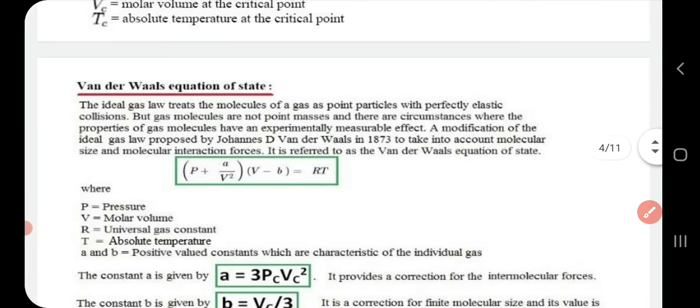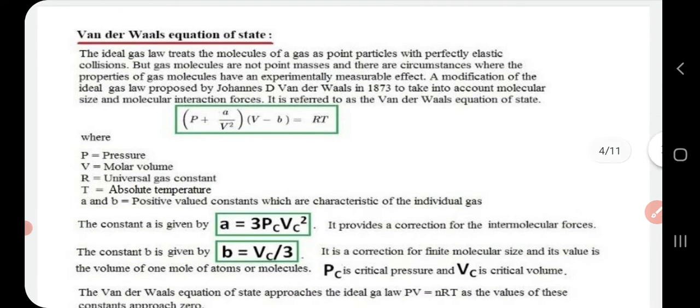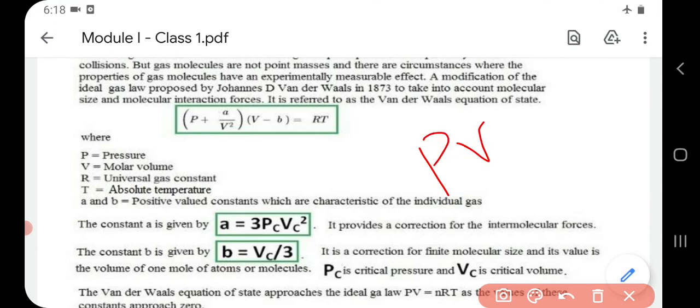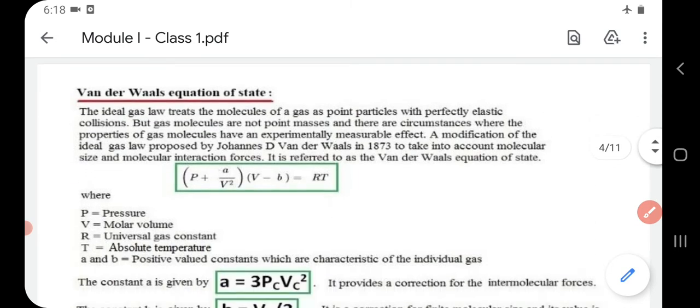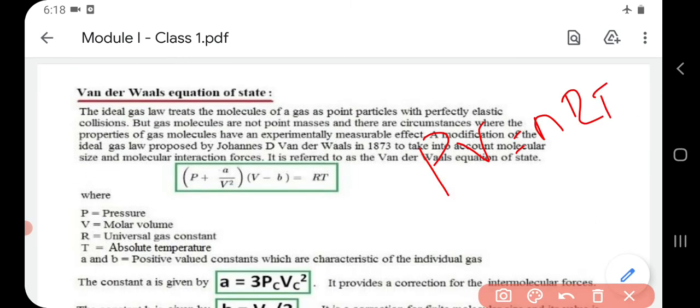Now, one of the most important equations of state is the van der Waals equation of state. We know that the ideal gas law, PV equals nRT, treats the gas molecules as point masses or point particles with elastic collisions, but actually these gas molecules are not point masses.